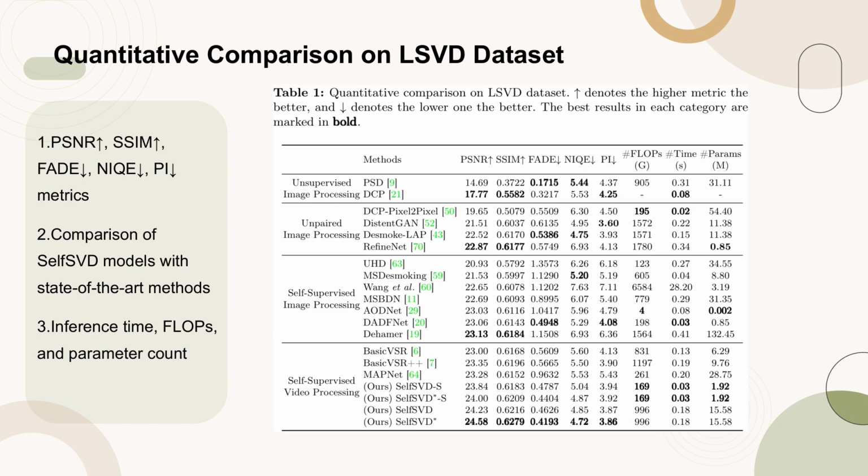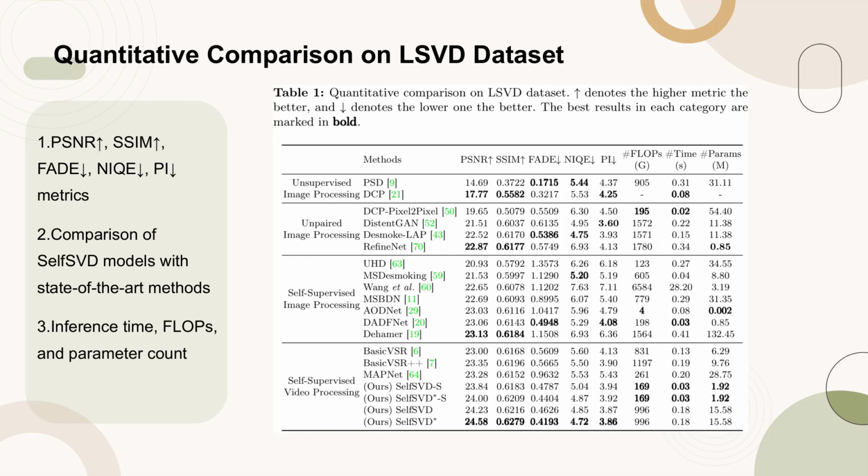Table 1 presents a quantitative comparison of various desmoking methods on the SelfSVD dataset. The metrics used for evaluation include PSNR, SSIM, FADE, NIQE, and PI, with upward arrows indicating higher is better and downward arrows indicating lower is better.